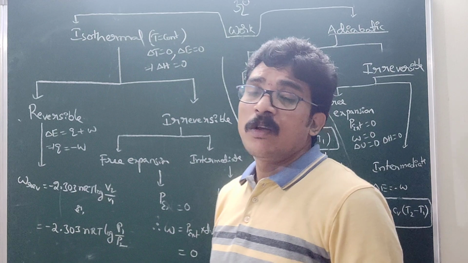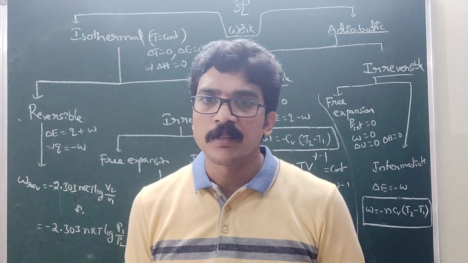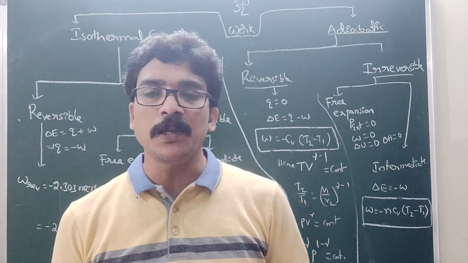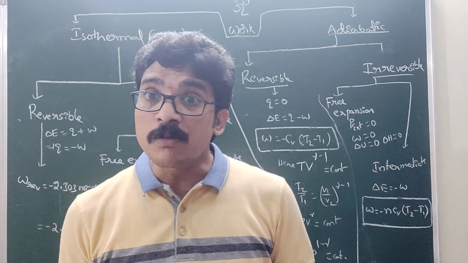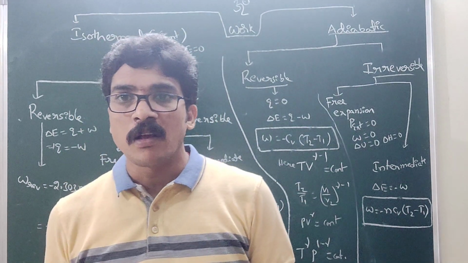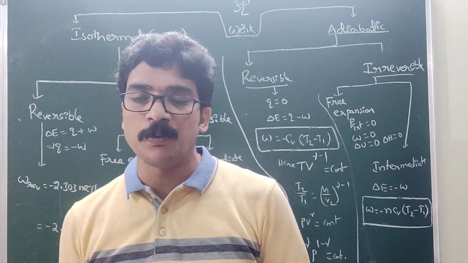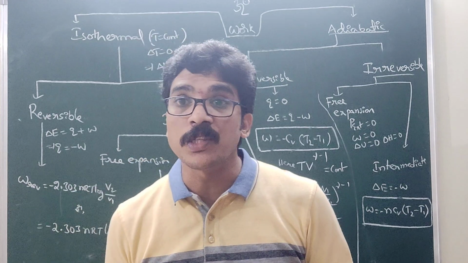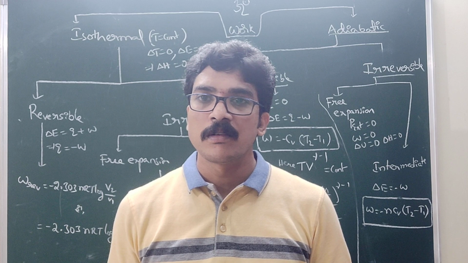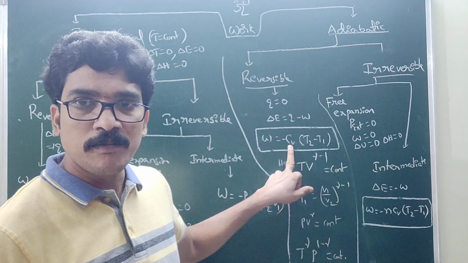In this formula, what is Cv? It is the molar heat capacity at constant volume. This molar heat capacity at constant volume changes from gas to gas. All monoatomic gases have a certain constant value, Cv is equal to 3 by 2 R. Substitute the Cv value here.